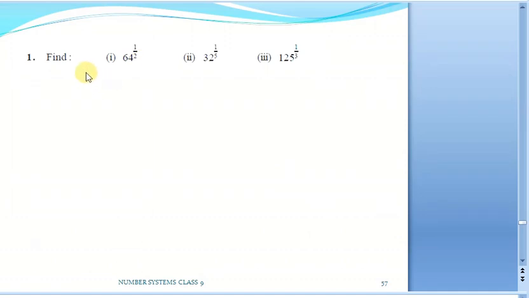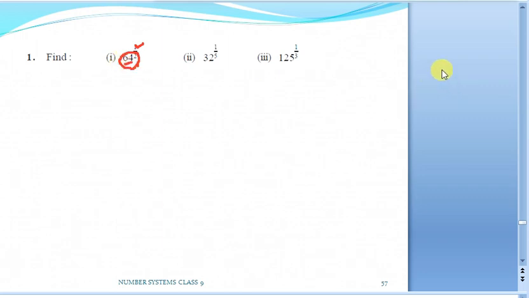Now let us apply the laws we have learned to solve these examples. Here we need to find the value of 64 power 1 by 2. Always remember, whenever a power like 1 by 2 is there and 64 is the base, this is the base and this is the exponent, prime factorize the 64.